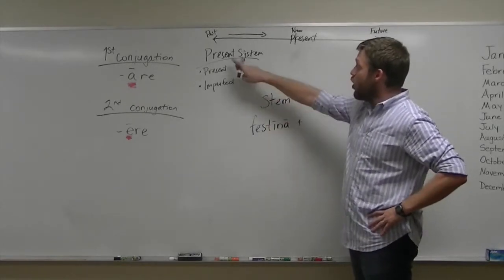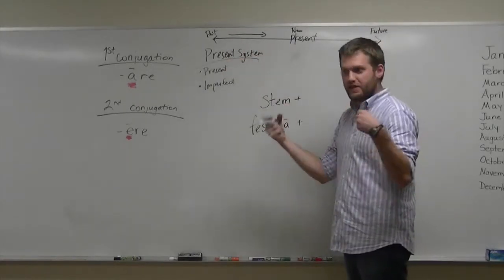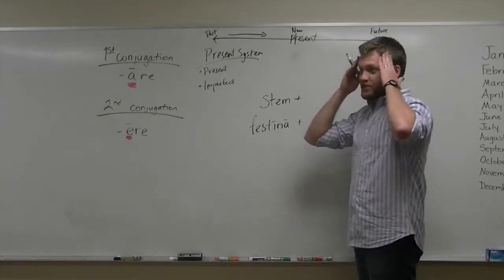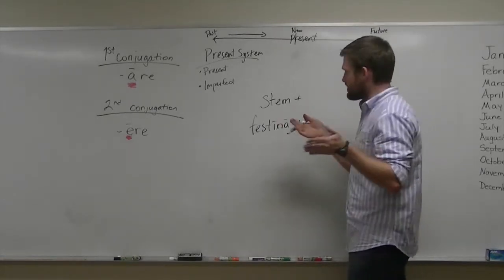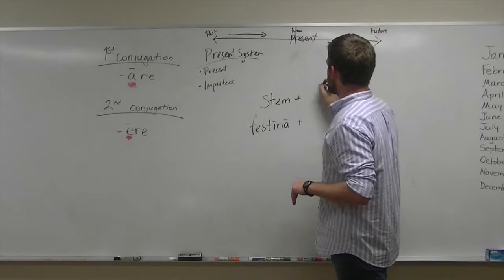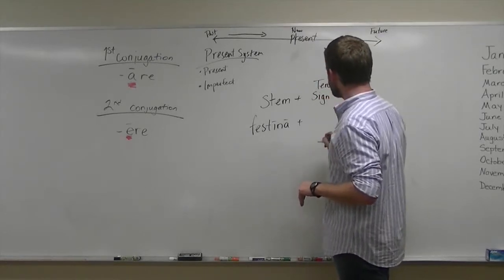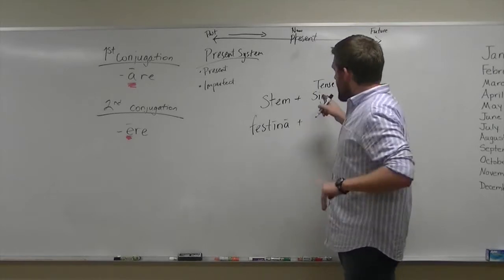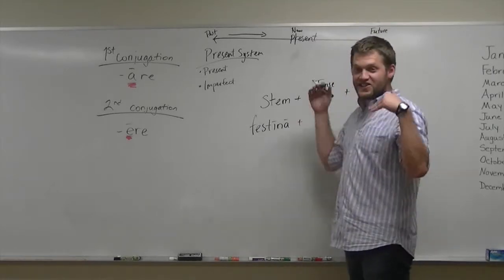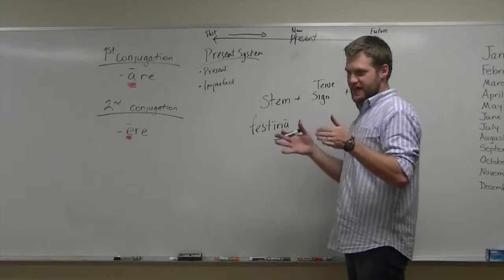That actually tells me I'm in the present system, which brings me down to only three options for tense. Then I'm going to see what we call the tense sign. When I see this, I know the tense I'm in.